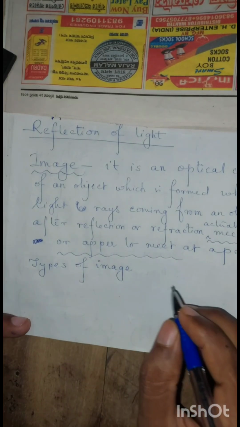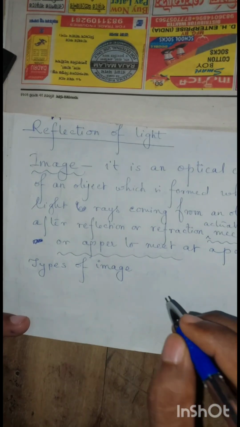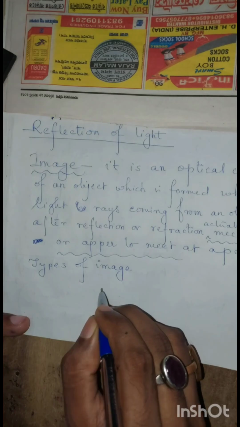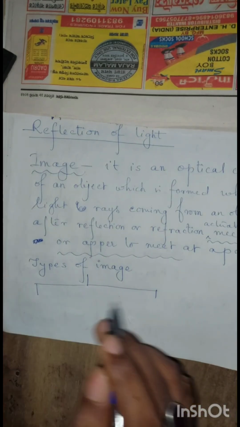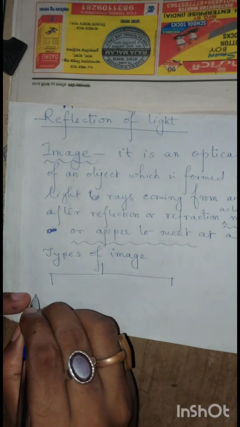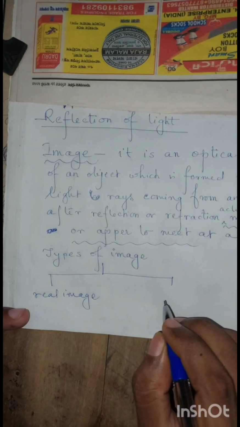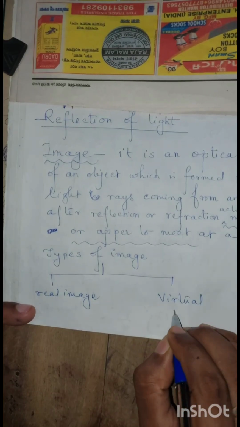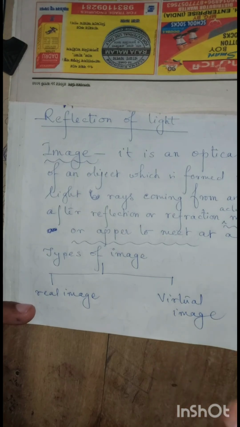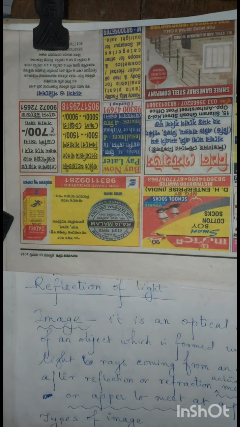So we have two types of images: real image and virtual image. Now let us talk about real image.